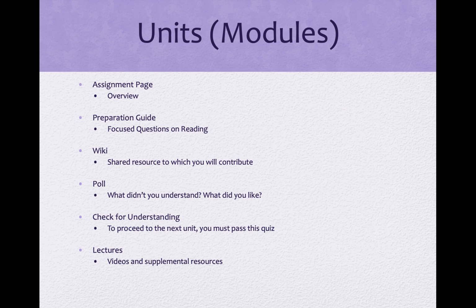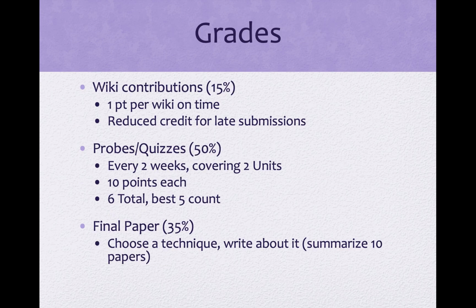Also on these modules are going to be lectures and videos and links to resources that you can engage for a deeper, broader, greater understanding of the material. Your grades are going to be based on wiki contributions. There's 1 point per wiki when it's on time, and reduced credit for late submissions. About every 2 weeks, we're going to have a probe or a quiz. I call it a probe rather than a quiz because I give you the questions ahead of time, so you should know how to answer them.